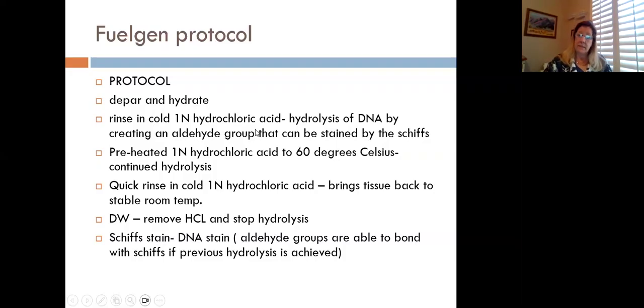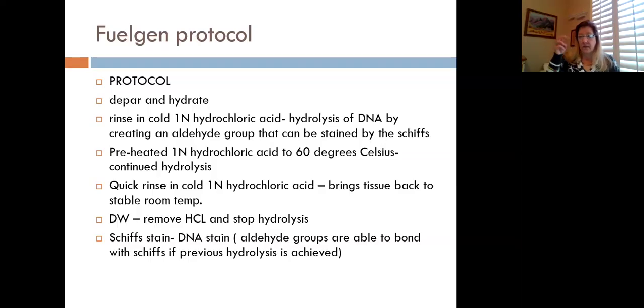Then you're going to rinse it in a 1 normal hydrochloric acid. This is still true. So you're going to rinse it in a 1 normal. This is going to start that hydrolysis of DNA. And what that means is we're creating an aldehyde.